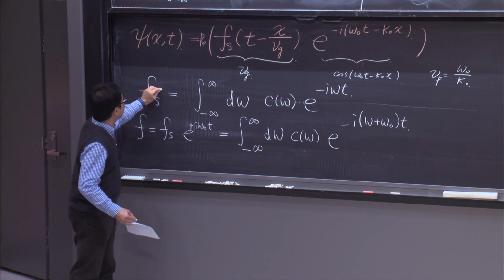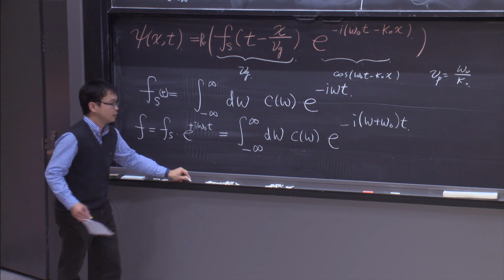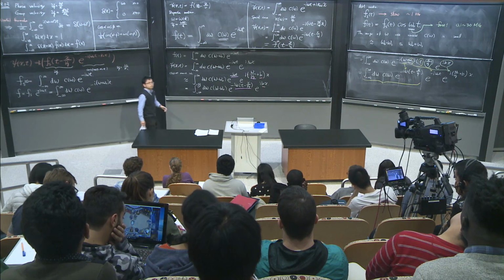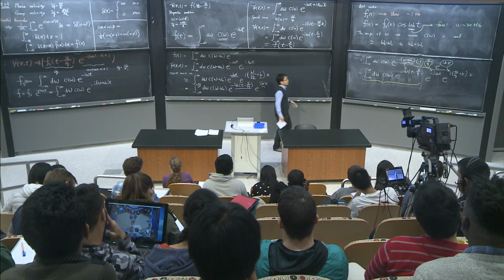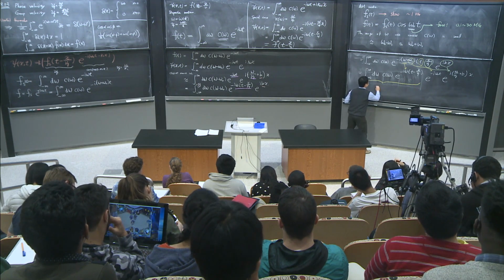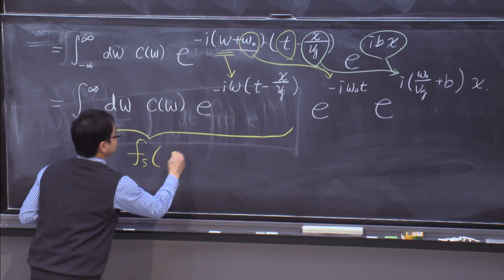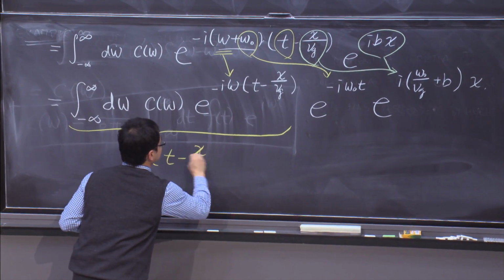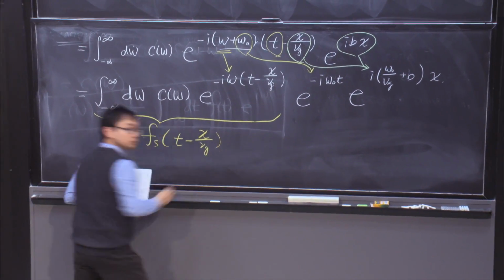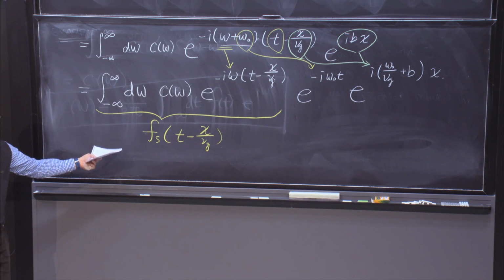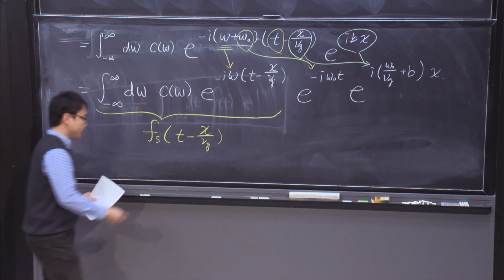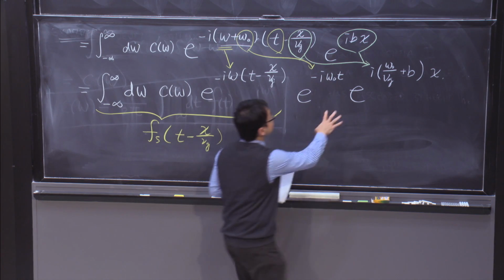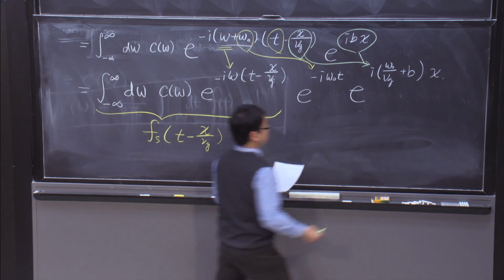Originally, this function Fs is a function of t. And I'm going to that board. Now, this is actually Fs, but of t minus x over Vg. Surprisingly simple.